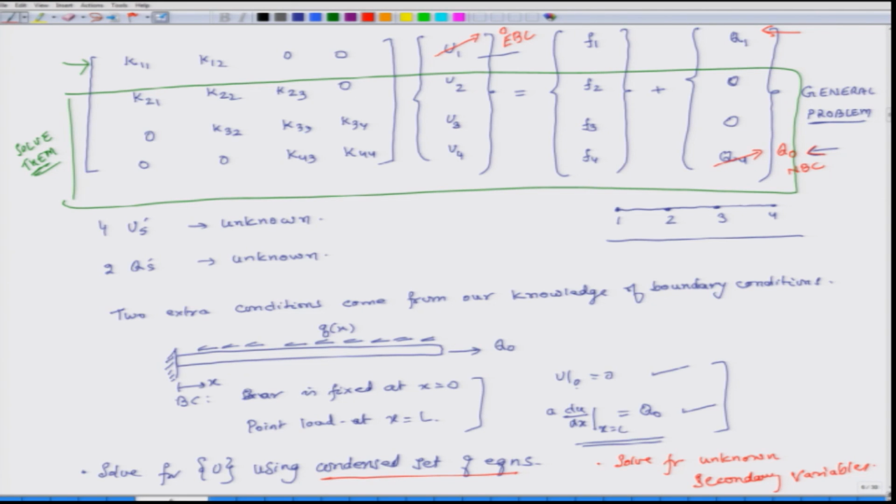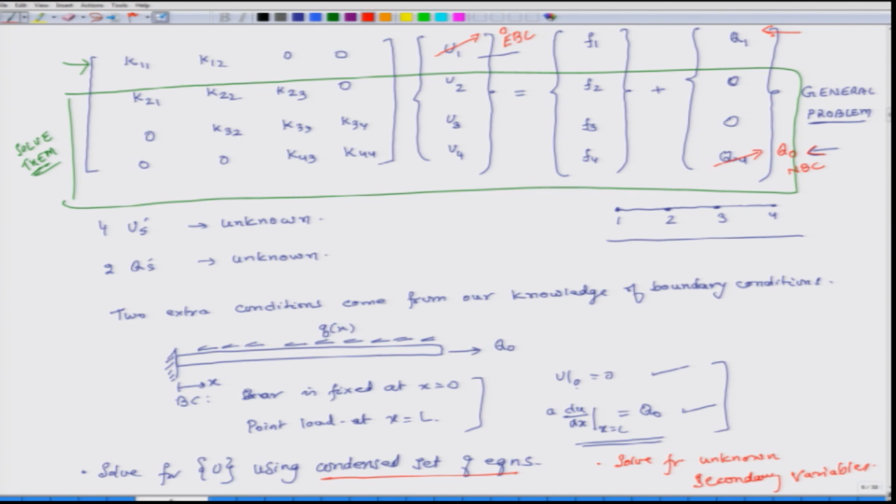At that point I had mentioned that we look at these assembled equations and only at those equations for which u is not known, and then we only use those equations to solve for the unknown values of u.